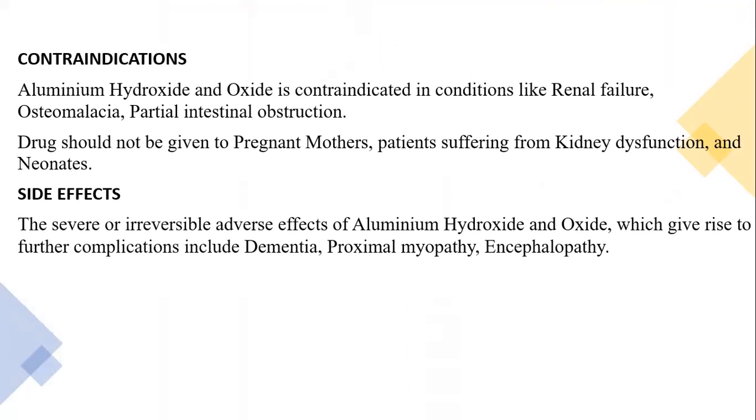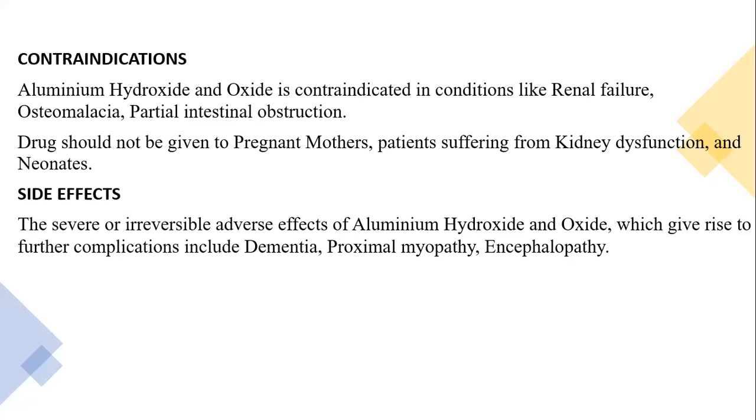There are certain conditions in which we should not give aluminum hydroxide, especially in pregnant women or patients who have kidney problems or are suffering from renal failure, because it increases the phosphate concentration. The phosphate needs to be removed from the body via the kidney.